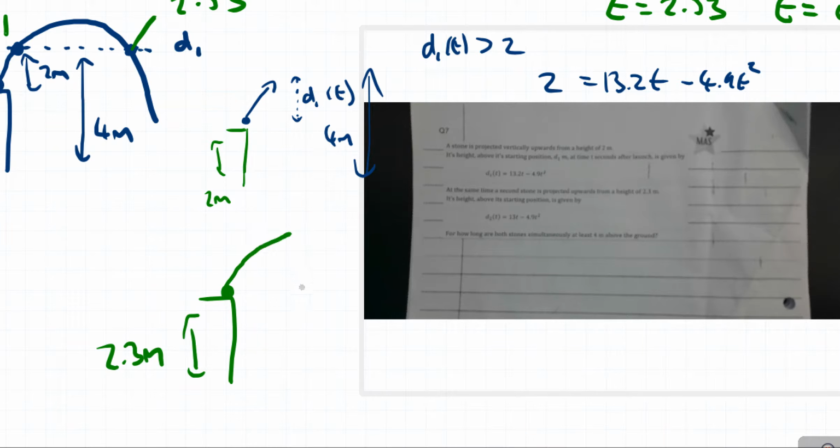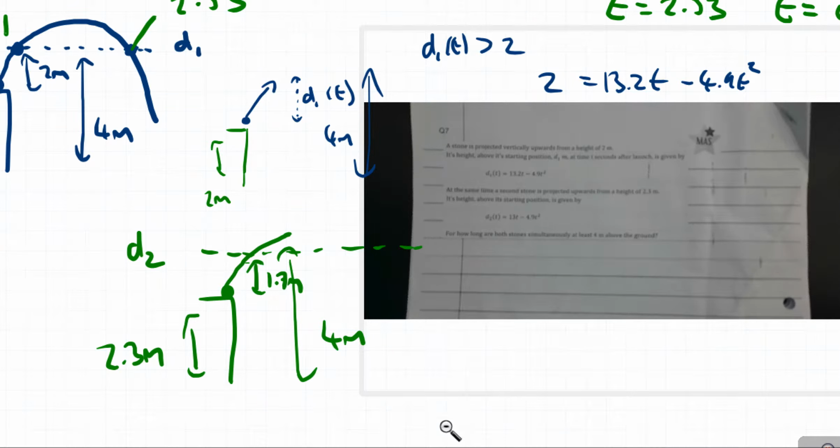So we do 4 minus 2.3, which is equal to 1.7. Let's call this d2. Our d2 value is going to be 1.7, because d2 measures its height from its starting position, and it's already 2.3 meters up.